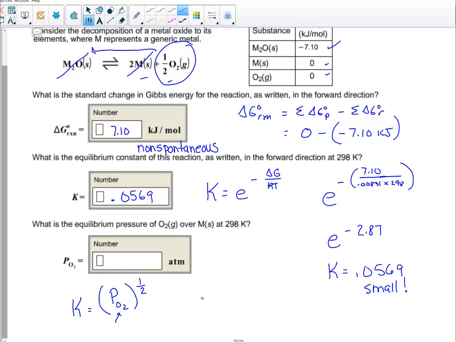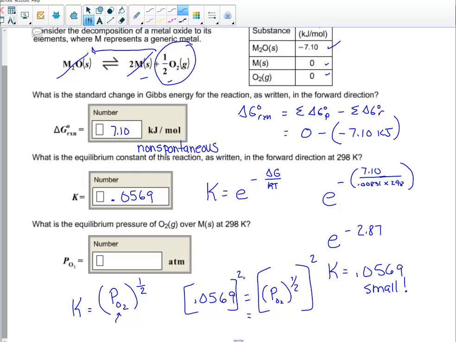K we just solved for is 0.0569, which is now equal to what my target is, the partial pressure of oxygen raised to 1/2. So I want to isolate the partial pressure of oxygen on both sides. We'll simply square to get rid of the 1/2 power.